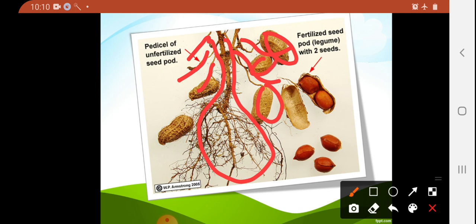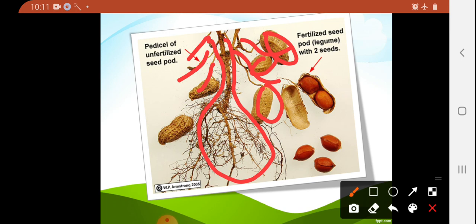So I think I have already cleared that confusion. Most of the students get confused, thinking that as groundnut pods develop below the ground or in the soil, they may be developed on the roots.